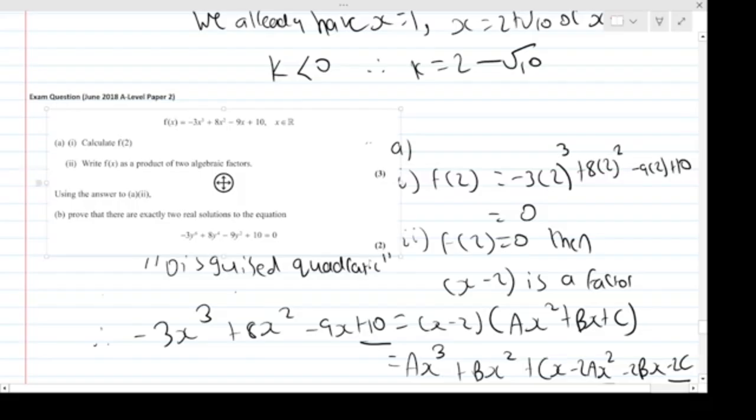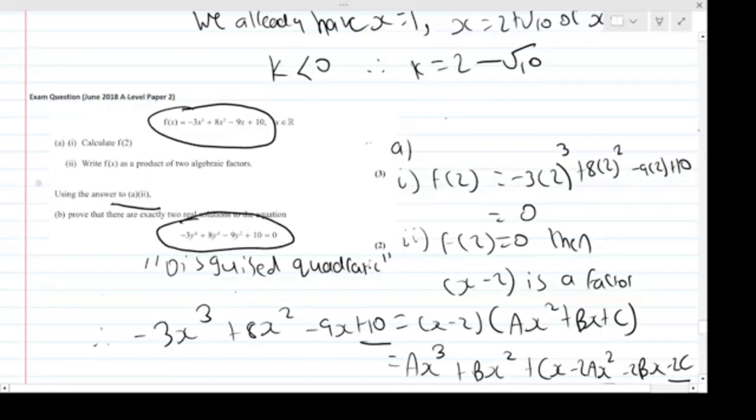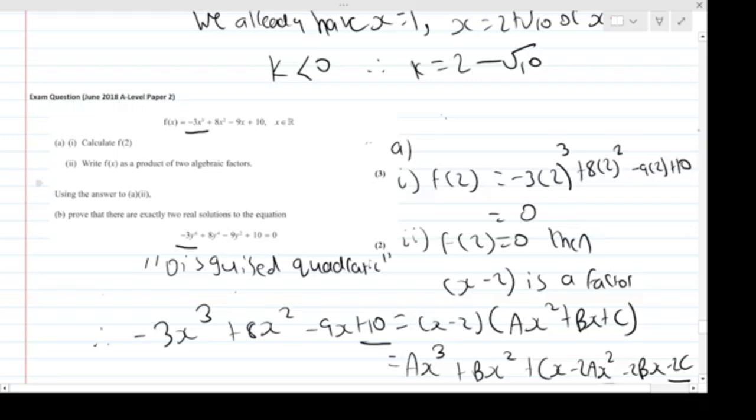Now, okay, so again, it says using the answers to part A. Well, part A is for this function here, but I have a different equation here. But I can kind of see it matches: minus 3x cubed, minus 3y to the 6, minus 3, minus 3, 8x squared, 8y to the 4, minus 9x, minus 9y squared, 10 and 10, equals 0.